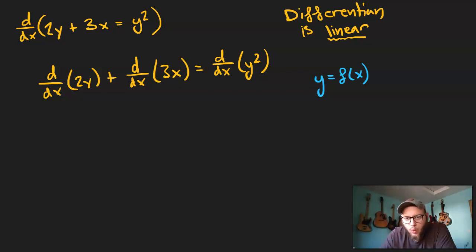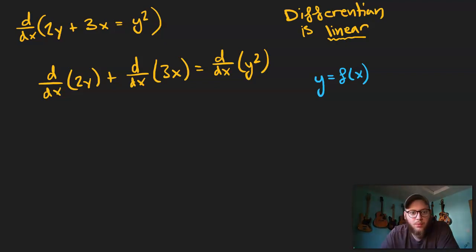So this 2y is a function in a function, right? Because this 2y is an f of x, and then the y we could call g of x. And boom, right away, we have an instance where the chain rule is directly applicable.